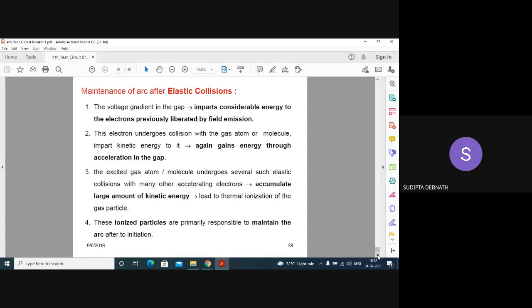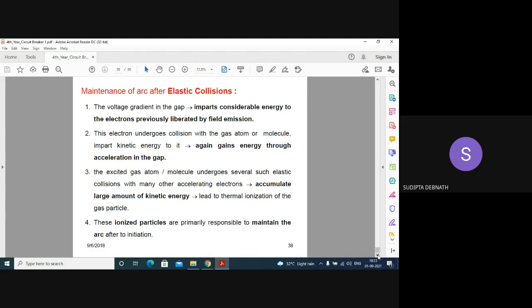The maintenance of arc after elastic collision. The voltage gradient in the gap imparts considerable energy to the electrons previously liberated by the field emission. Okay, so the electrons have already been liberated due to field emission during the initiation process, the starting process. So what happens? It imparts considerable energy to the electrons.